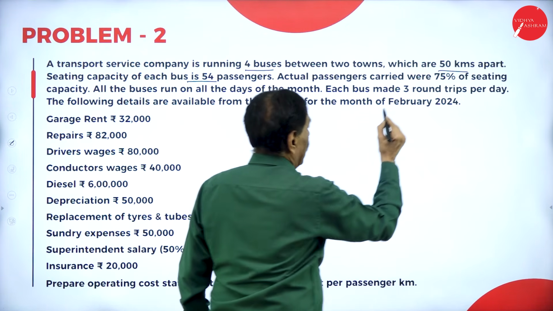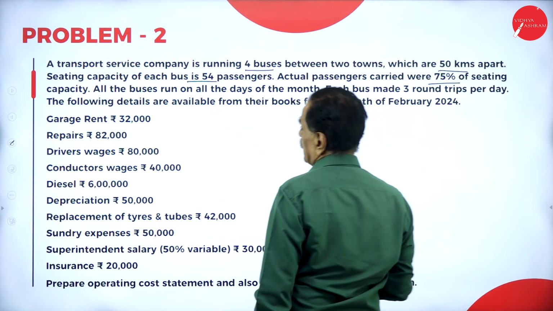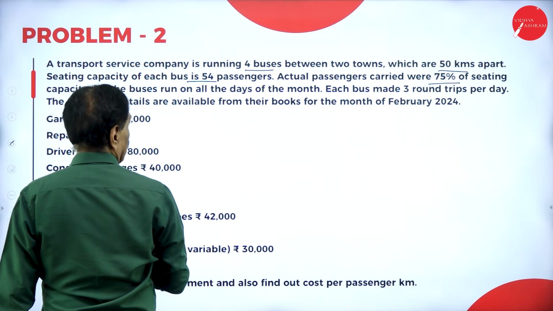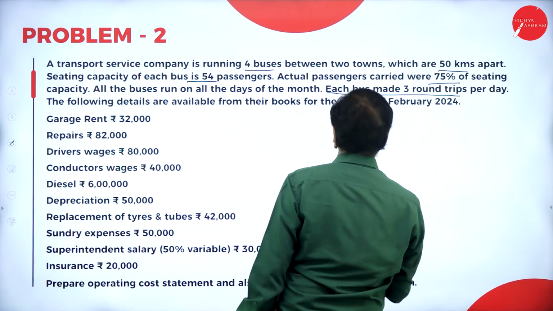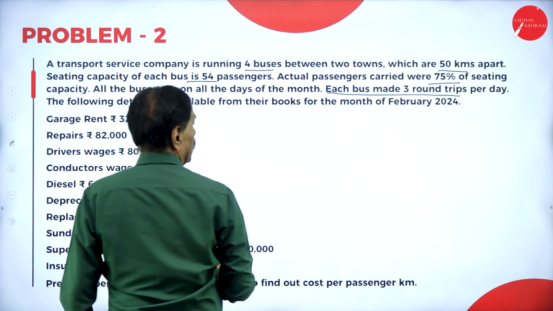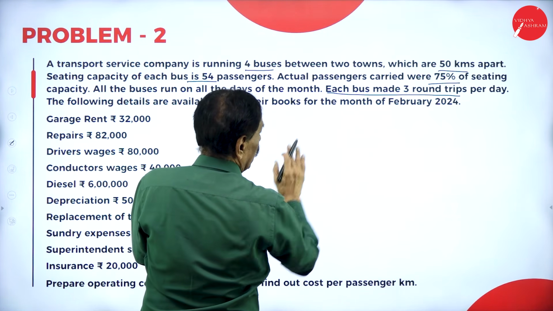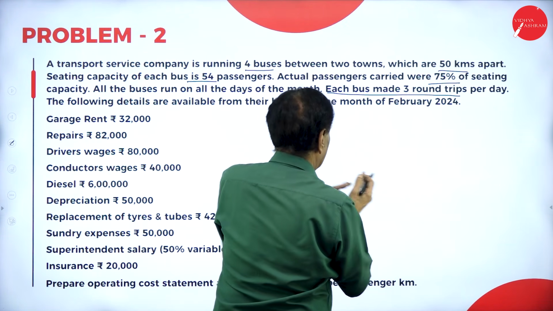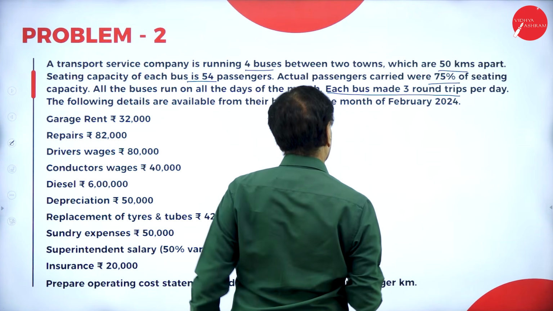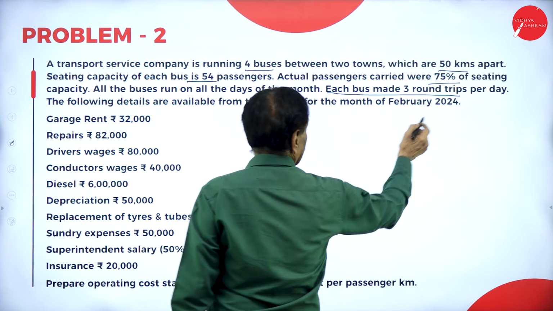Actual passengers carried are 75% of seating capacity. All the buses run all the days in a month. Each bus makes 3 round trips per day, going 50 and coming 50 is 100, into 3 means 300.